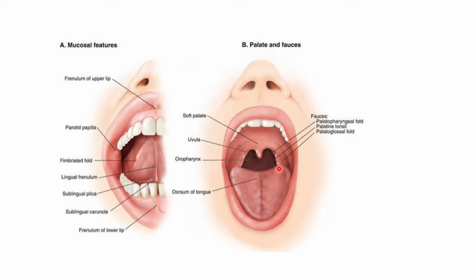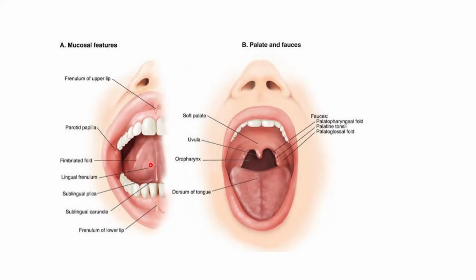The tongue also has two lateral borders on either side and two surfaces, that is the dorsal surface which is seen here and the inferior surface which is seen in this picture. So the tongue represents two ends, the tip and the base, two lateral borders, and two surfaces, the dorsal and the inferior surface, as shown here.